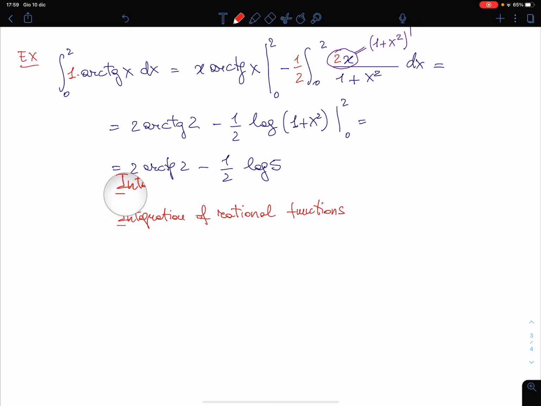If n is equal to 2, it is already much more complicated. If n is equal to 2, you can use the following trick.